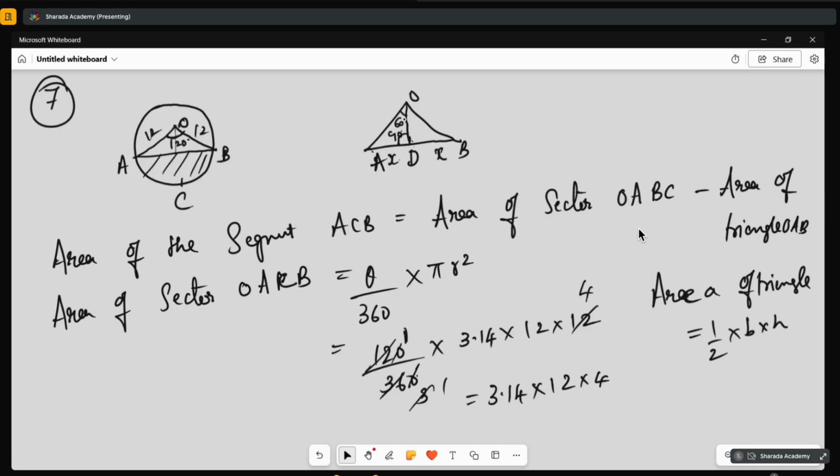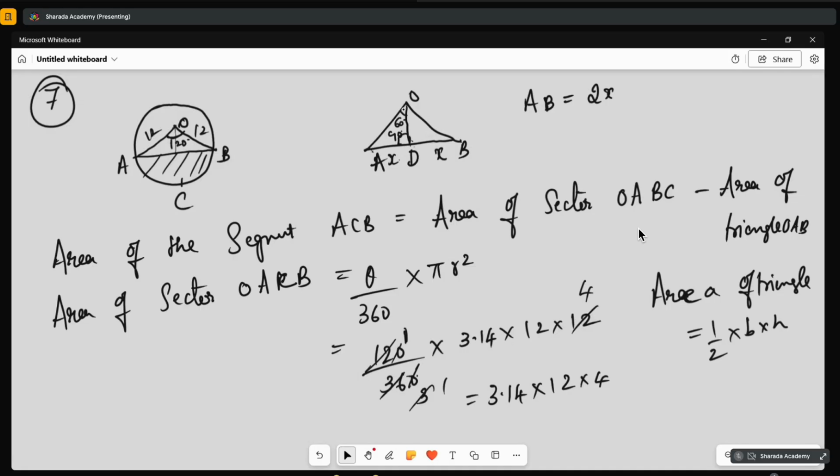Okay. Again, I repeat, listen here. In this triangle, when I am drawing a perpendicular, it will divide the chord into two equal parts. So I'll take the same value x and x. So AB value will be equal to 2x. Okay. And when it is a perpendicular, this is 90 degrees and it will divide this angle 120 into 60 degrees.